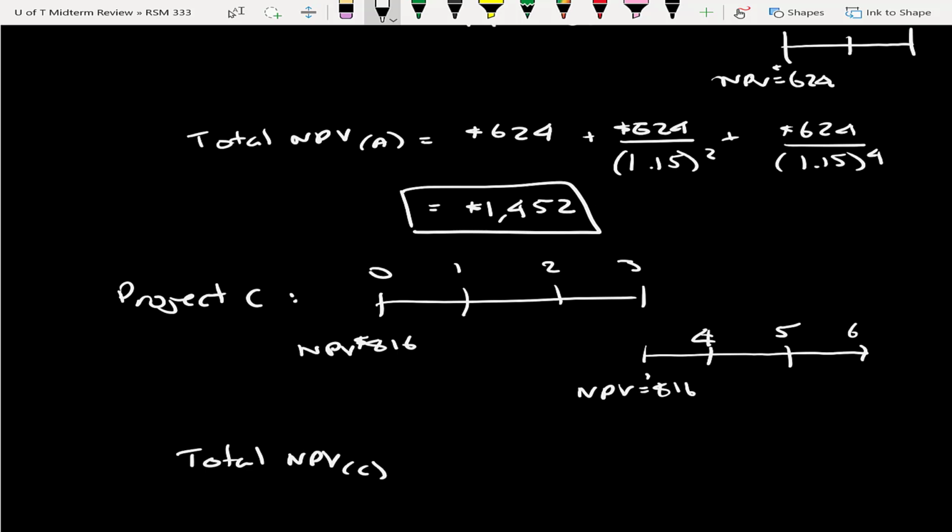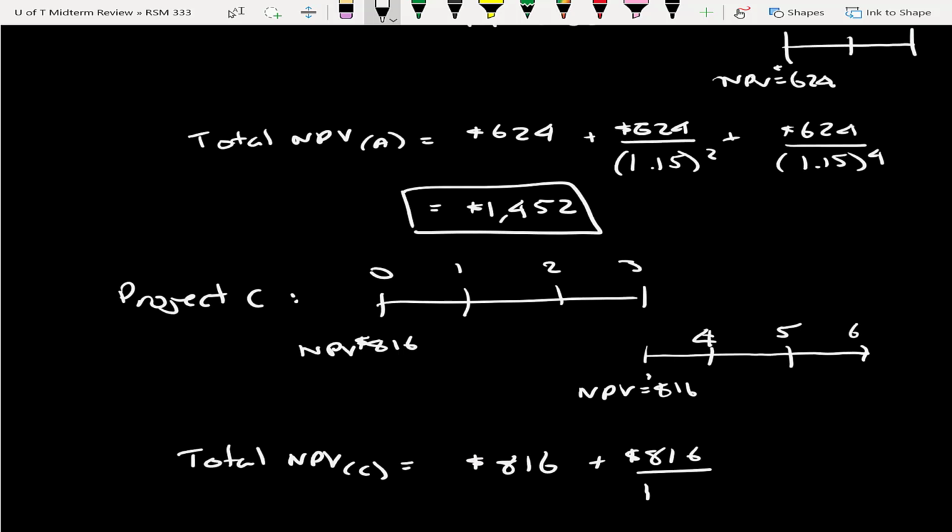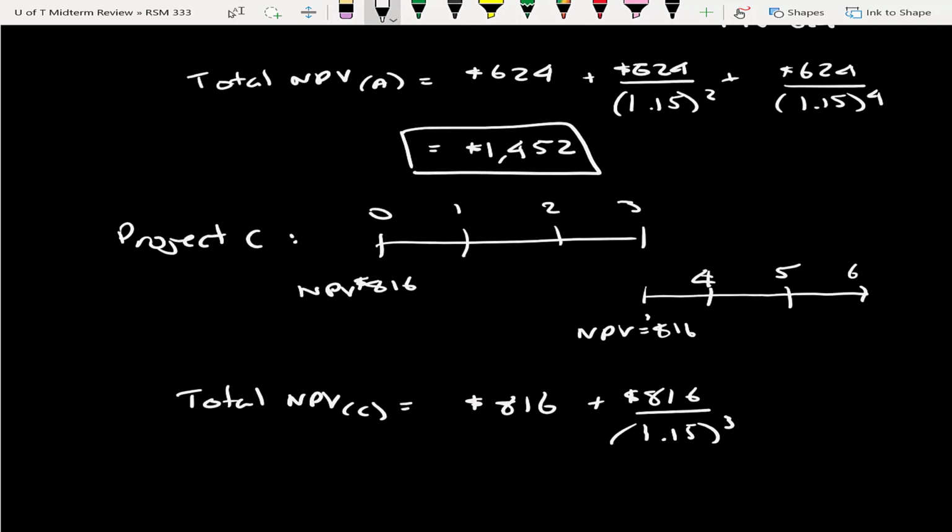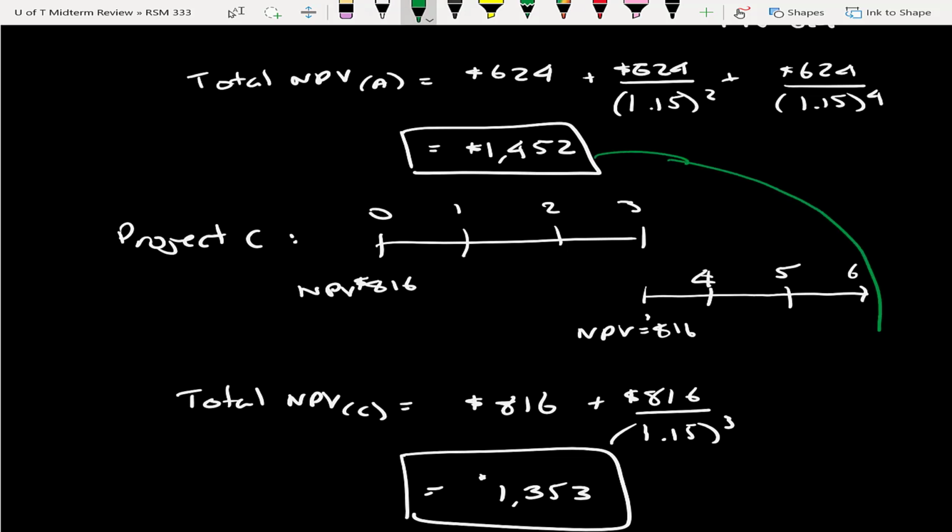Same as we did for A. It will be the $816 today, plus the second time we did it, it was 3 years into the future. So divide by 1.15 to the power of 3. So we get a total NPV of 1353. And you can see here that A is better when we do the chain replication method.